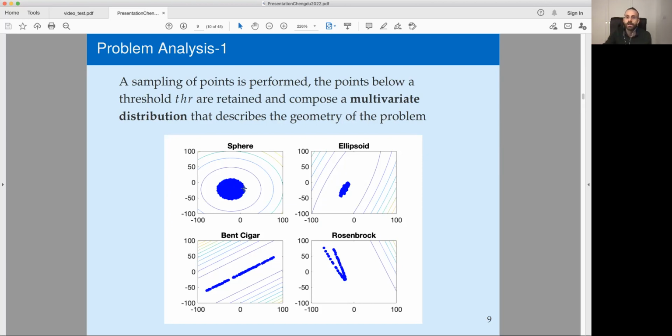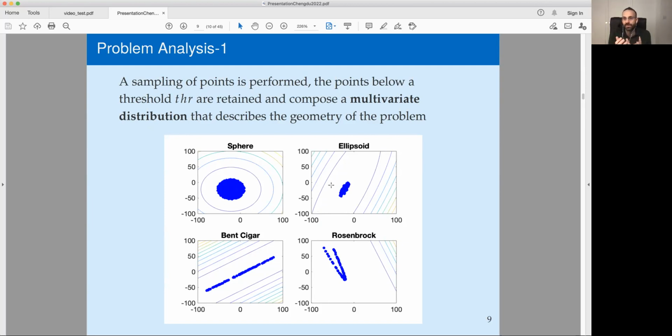So imagine that we have got a sphere. We have found this threshold, and we sample the points that are below. And so in a way, we see this circle that is a projection, and that's related to the geometry of the problem.